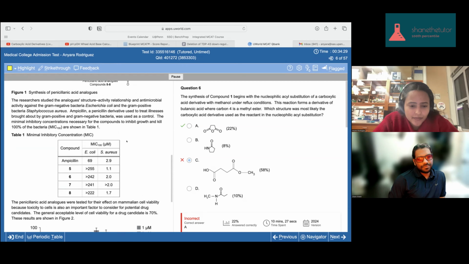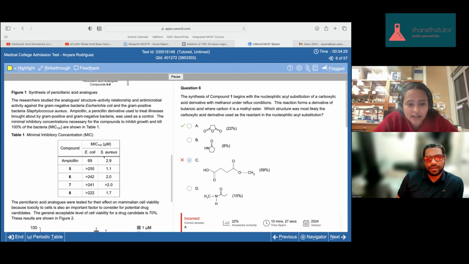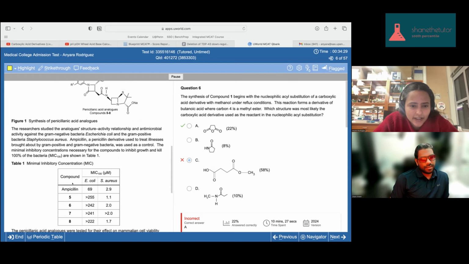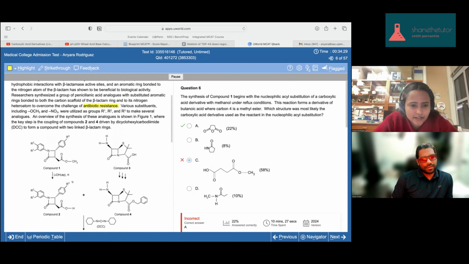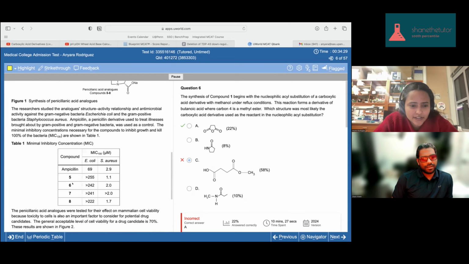It seems that the gram positive is stronger, just because the values are a lot lower than for the E. coli. So 5, 6, 7, 8 are different substrates, and ampicillin is a control.